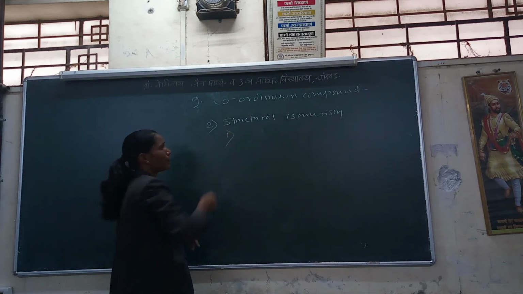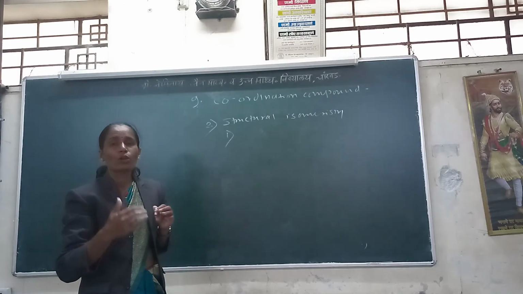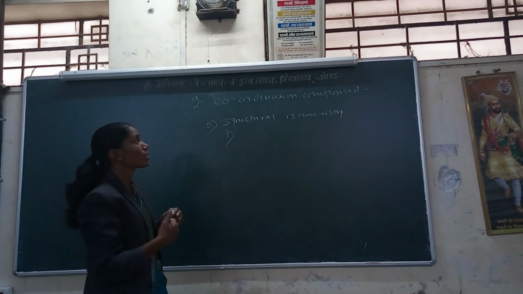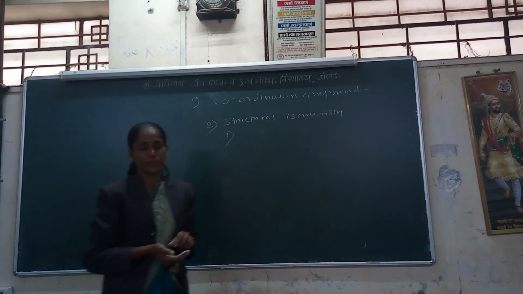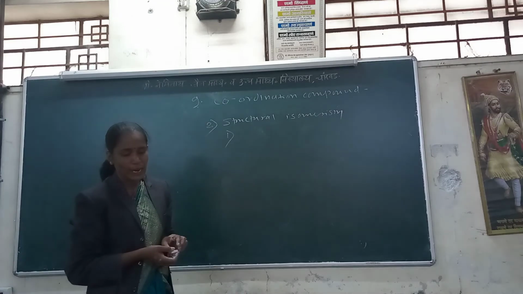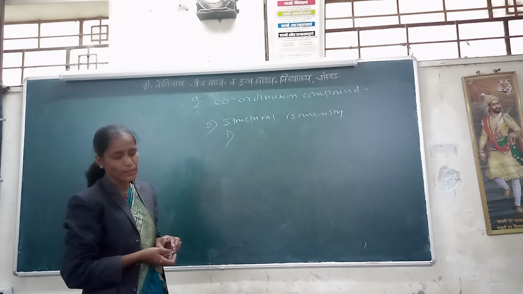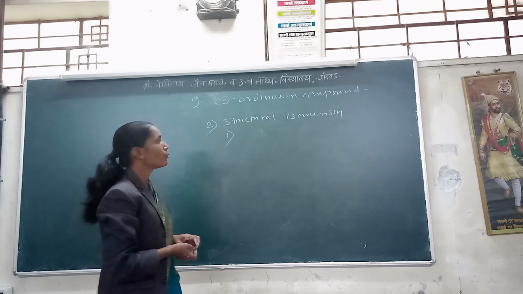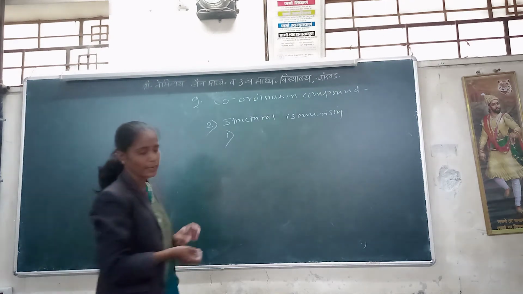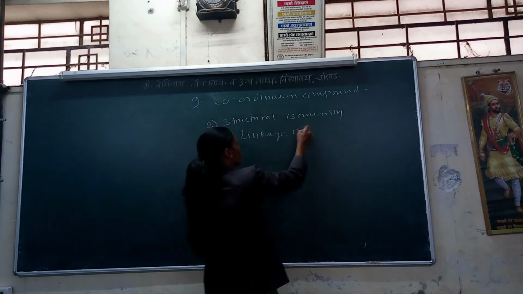In structural isomerism the chemical formula is the same but the structural arrangement is different, therefore it is called structural isomerism. Structural isomerism is classified into four types: linkage isomerism, ionization isomerism, coordination isomerism, and solvate isomerism. The first is linkage isomerism.